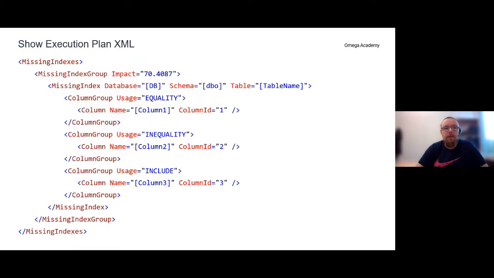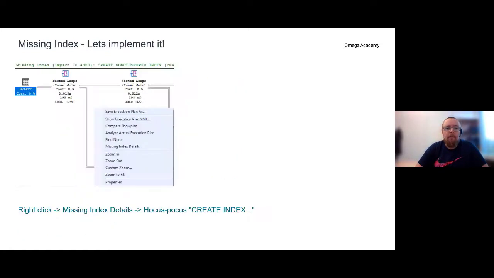And in this case, you see that we have estimated impact is 70.4%. But the next one under this one can be 100% or 90% or whatever. So don't just take the first one that Management Studio is giving you.